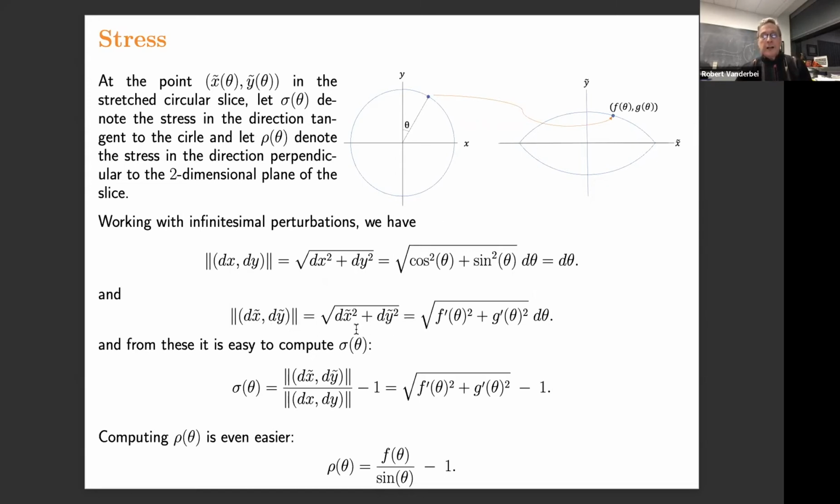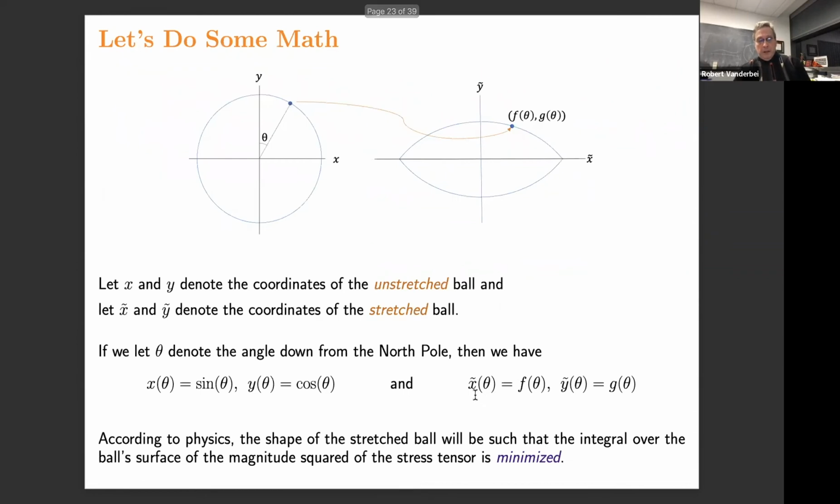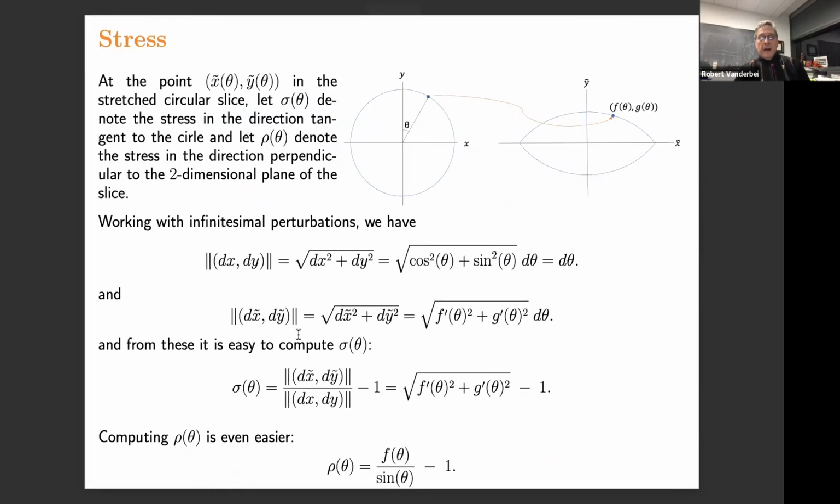But over here on the stretched side of things, we have to do a similar kind of calculation of dx tilde squared plus dy tilde squared. Let's take a look back here. dx tilde d theta is f prime, the derivative of f. dy tilde d theta is g prime, the derivative with respect to theta of g. And so dx tilde is f prime of theta d theta.